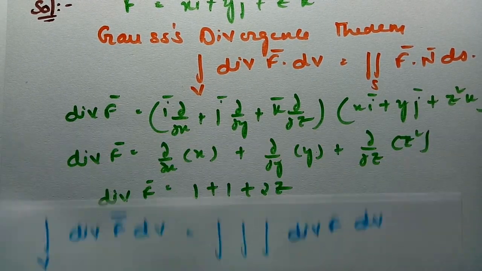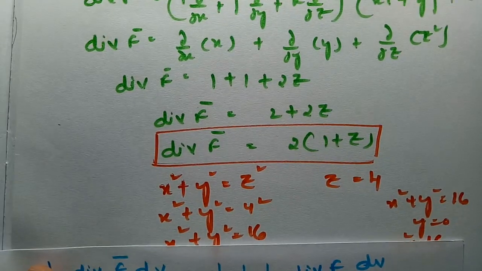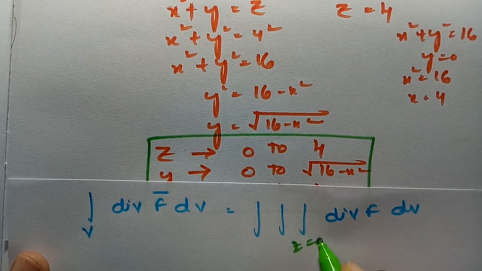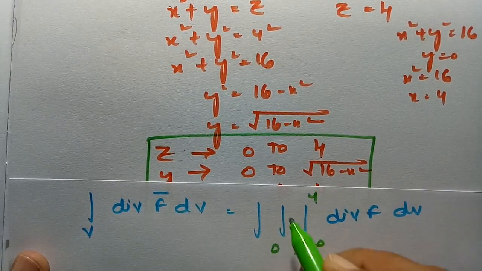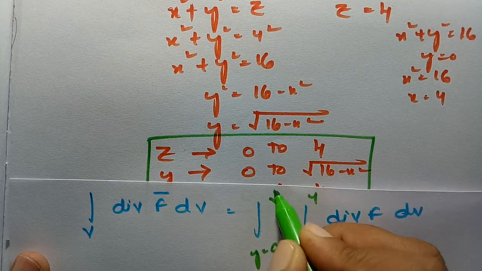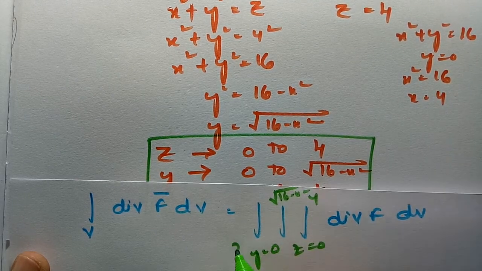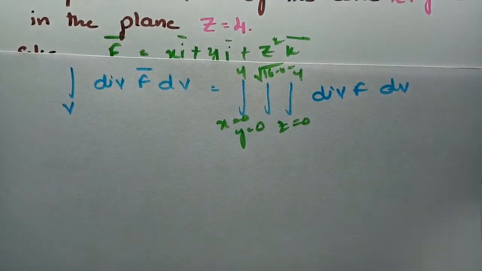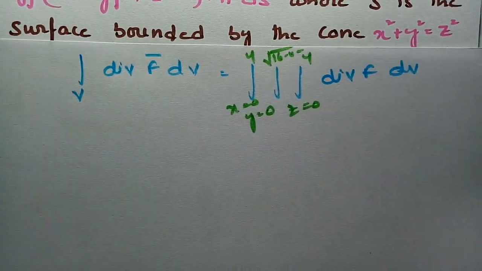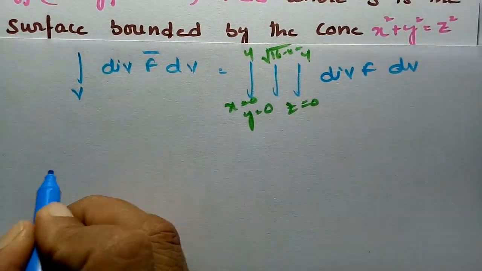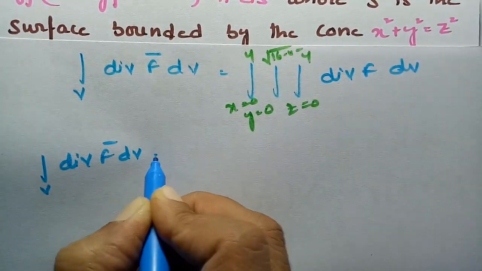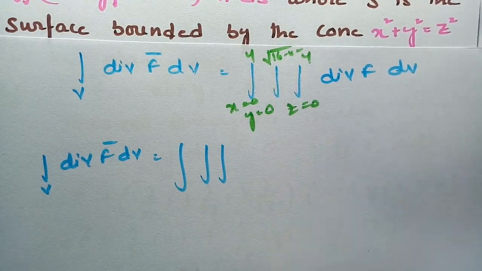The z limits are from 0 to 4, y limits are from 0 to root over 16 minus x square, and x limits are from 0 to 4. And now I'll apply each and every limit here and solve. So the volume integral of div f bar dV will be the triple integral of, what is div f?